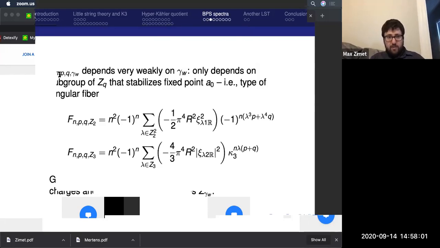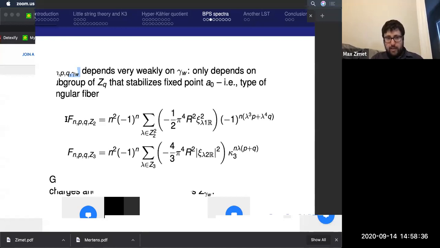Okay, and then furthermore, these functions f, because at this order in perturbation theory that we're working at, we only see these simplest string webs, it turns out we're only seeing these towers of CFT spectra. So the only dependence on this winding charge is just what type of singular fiber the string ends on, and it doesn't care about how many times you wound around before you end on that singular fiber.